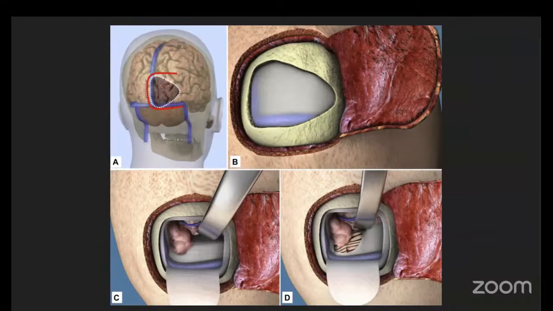And it can also be used for torcular if the involvement is more on the unilateral side. You can see that they have incised a tent here and the infratentorial section of the lesion is visible. But this is associated with a lot of morbidity. If we end up retracting the occipital lobe too much, the patient might have visual deficits.